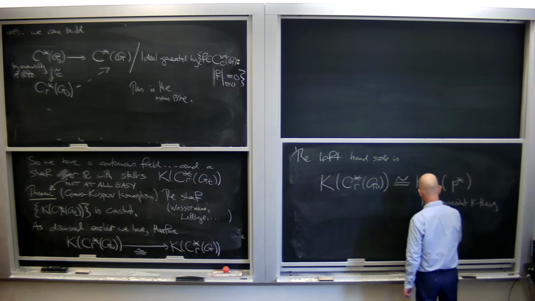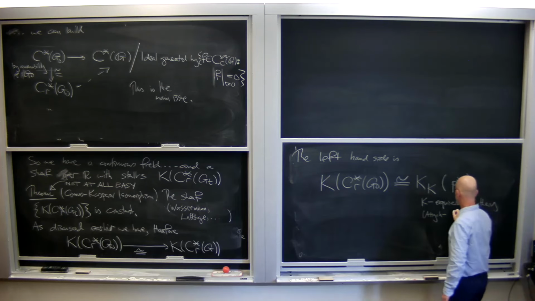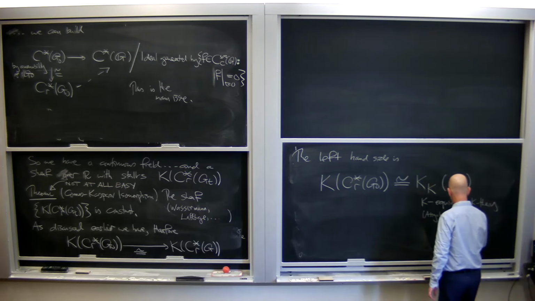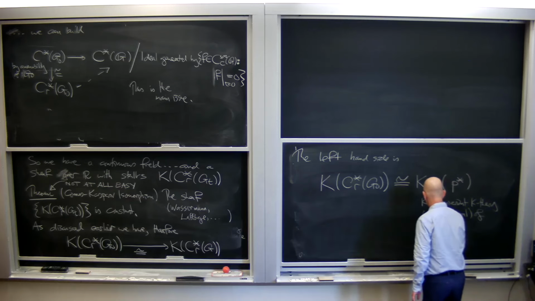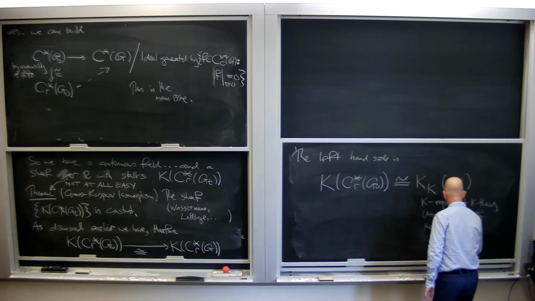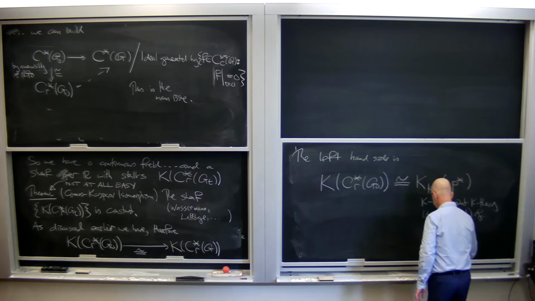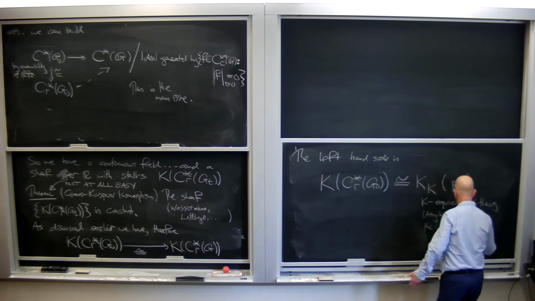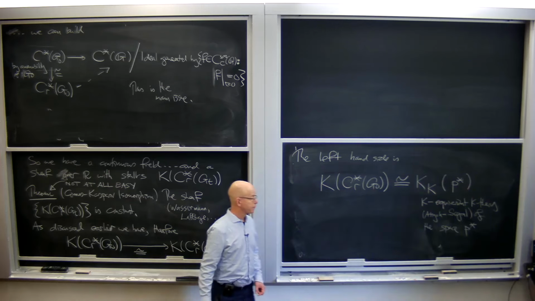Atiyah and Hirzebruch didn't really discuss equivariant K-theory, but Atiyah and Graeme Segal did. I just mean the topological space, which is P, or if you like, P star, they're isomorphic.